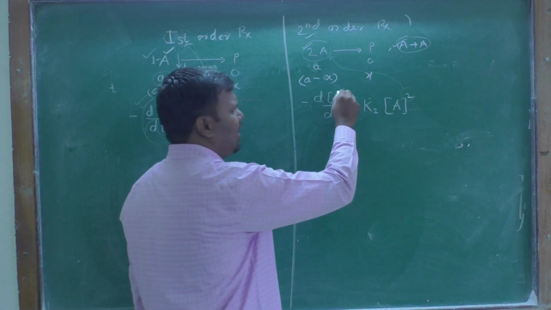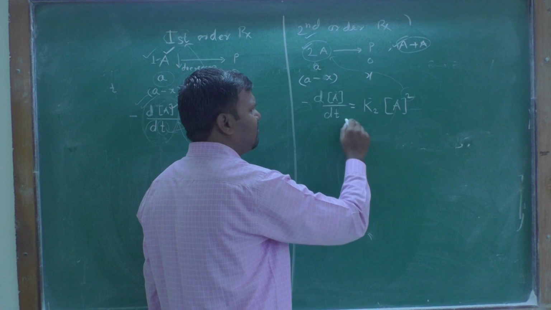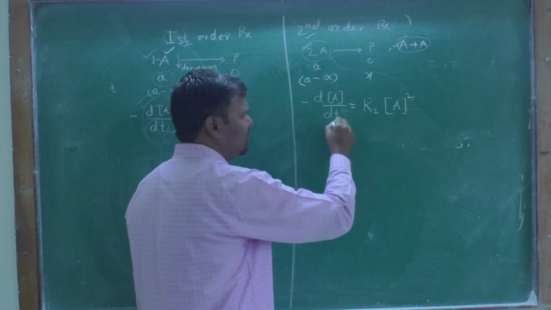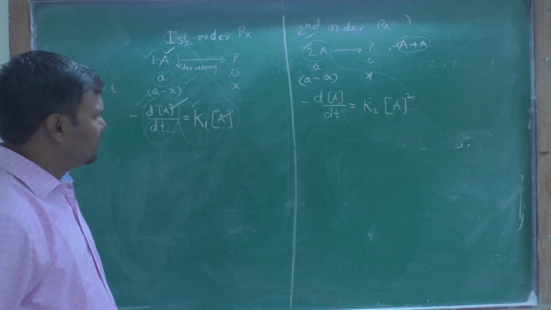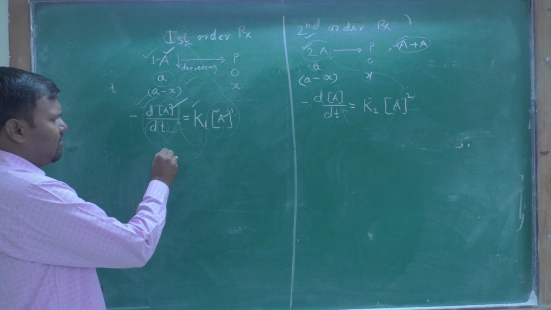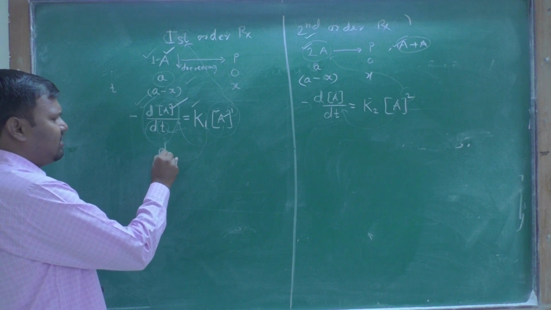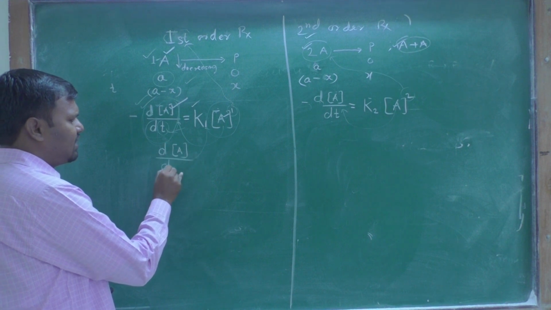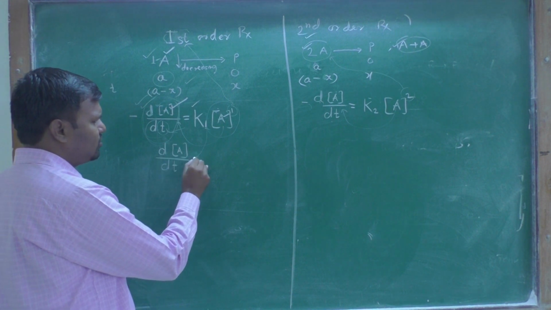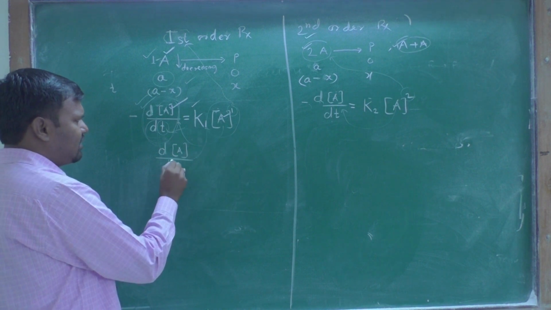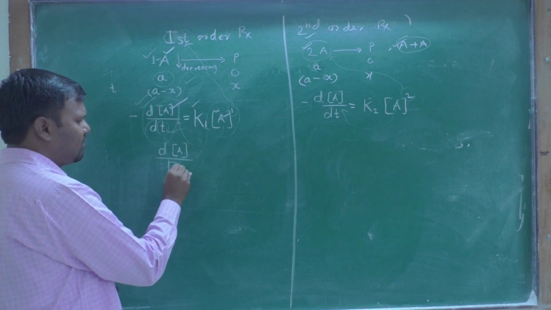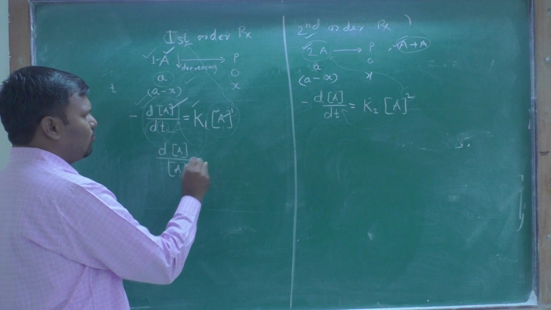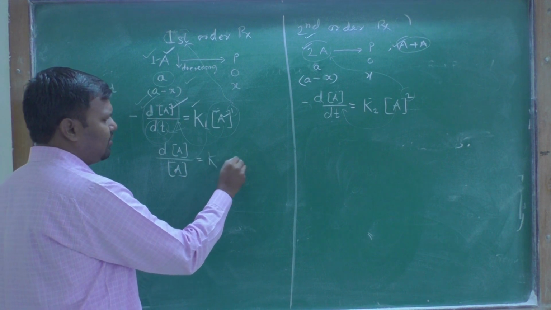Same here, A and A are the same, therefore it will come here, and dt will go to that side. Therefore by rearranging we write delta A upon A is equal to k into dt.